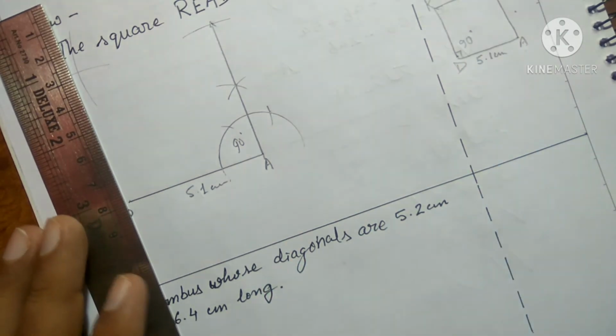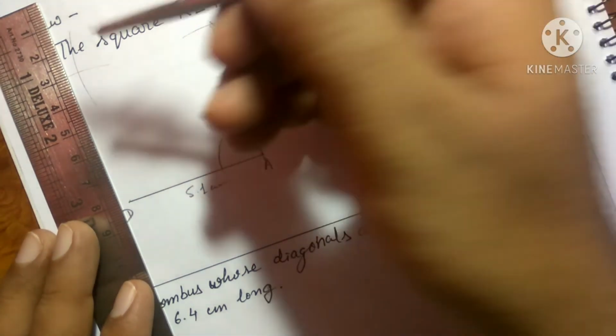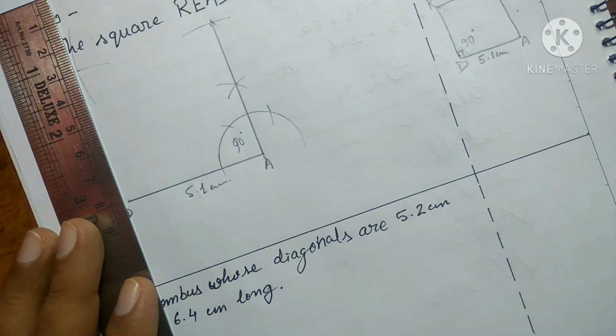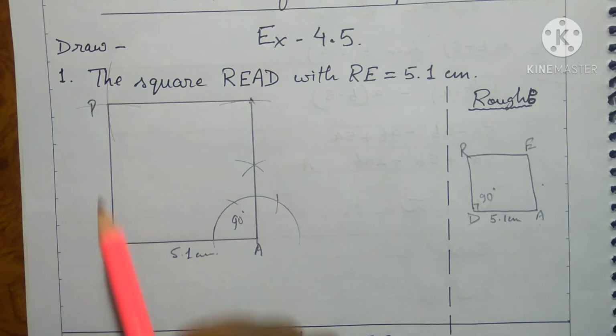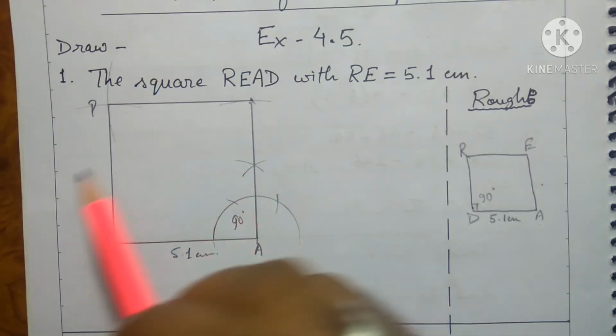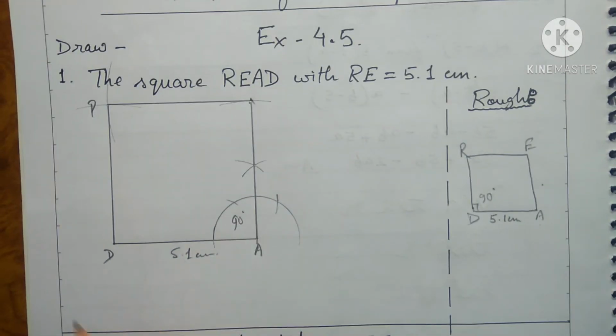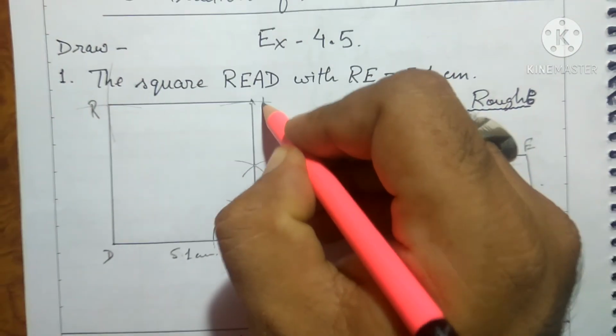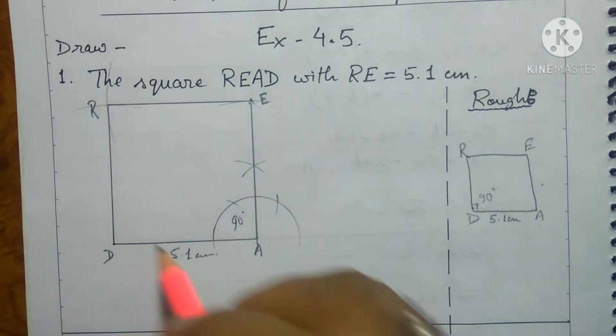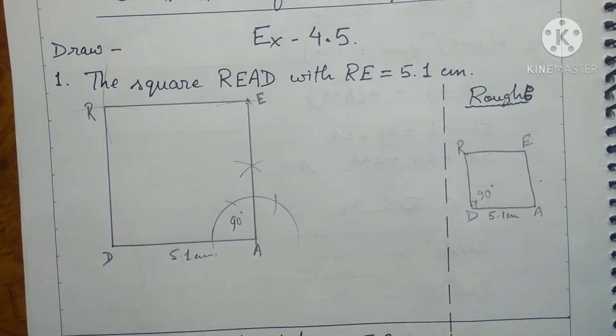So just join all the points, make it impressive. Okay, just join it. After joining all the points, we get a square. Name it R, E, A and D. So READ is the required square.